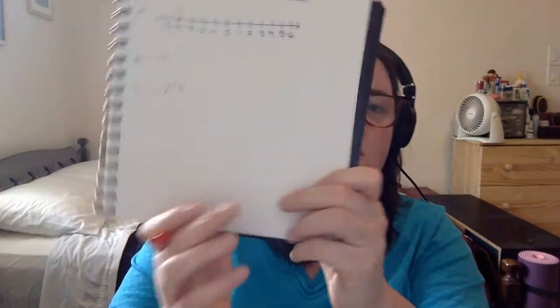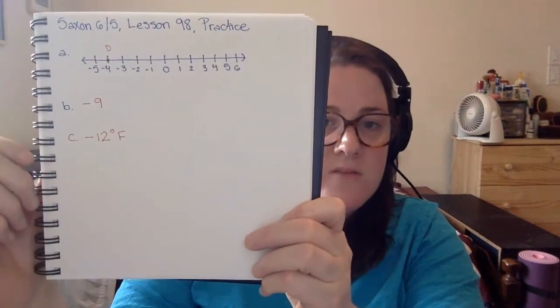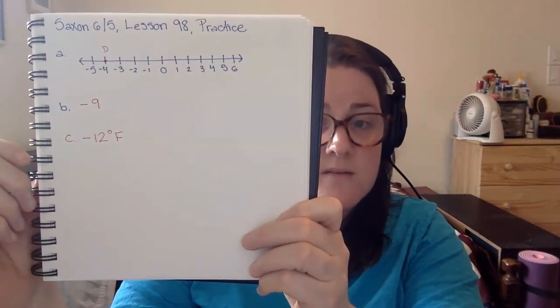Question C, use digits and symbols to write the temperature that is 12 degrees below 0 on the Fahrenheit scale. So I'm going to use a minus sign because it's below 0. It's at 12. I'm going to use my degree symbol, and it's on the Fahrenheit scale. So I want to write -12 degrees Fahrenheit.